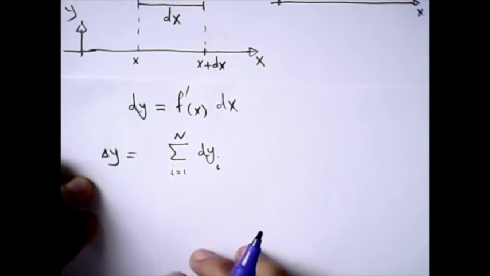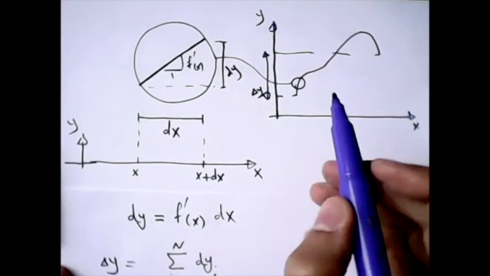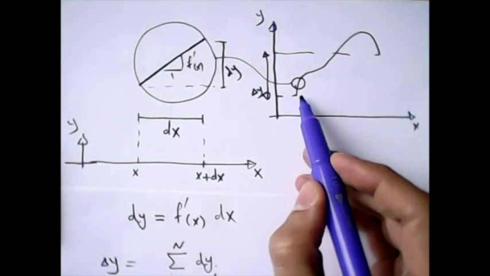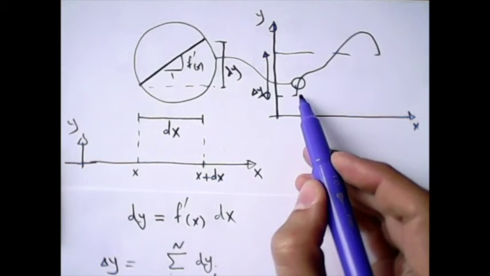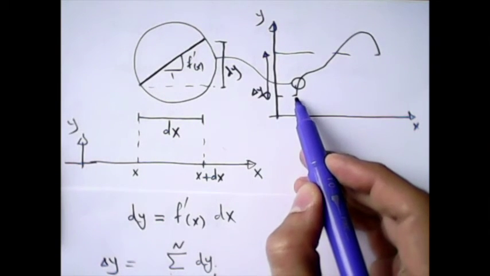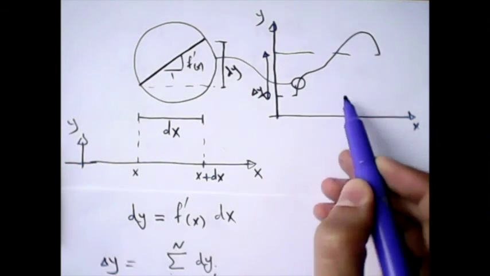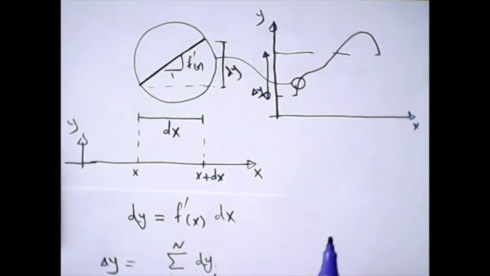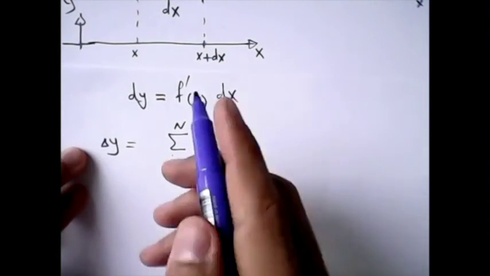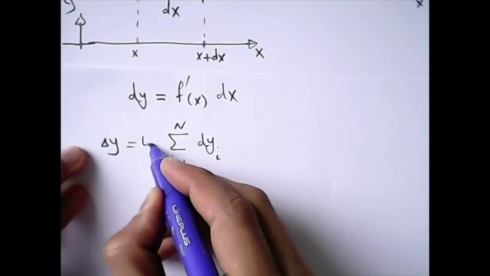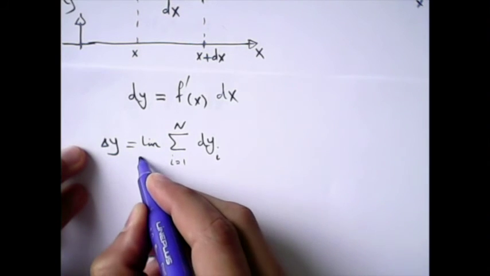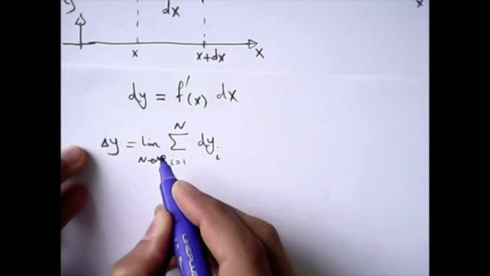How many tiny steps do we have here? Our steps were infinitesimally small. They were very, very small. So we will have an infinite number of steps in this domain here. So let's take a limit of this as n goes to infinity.